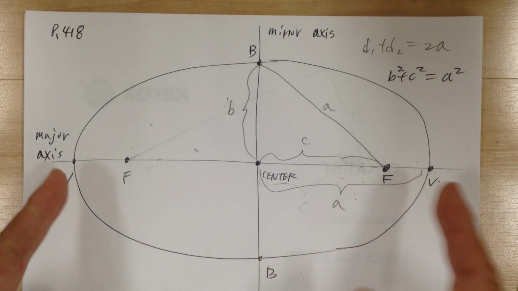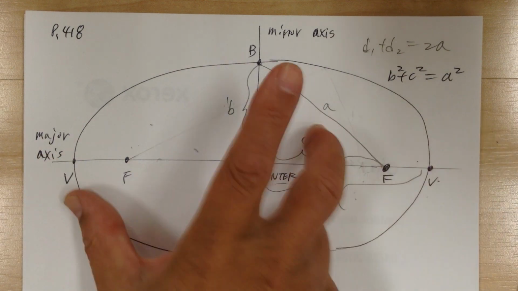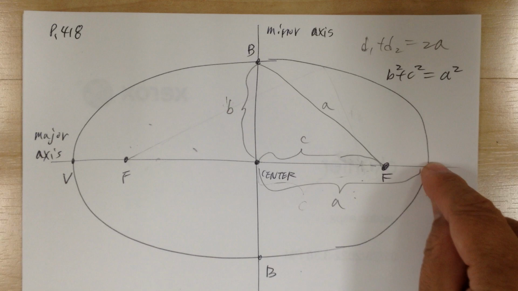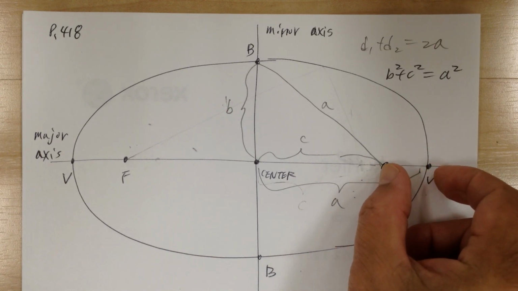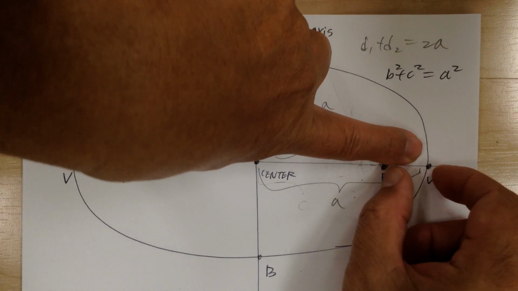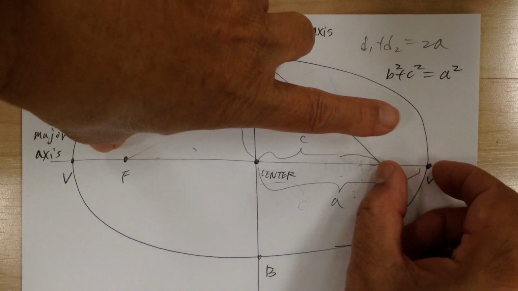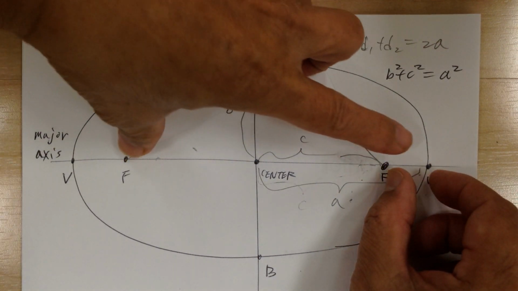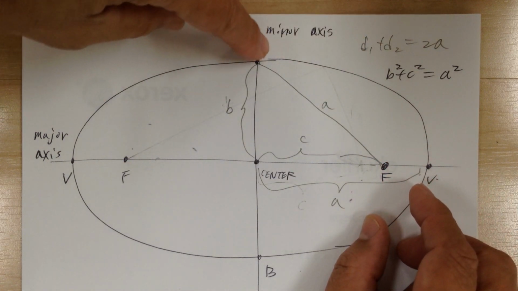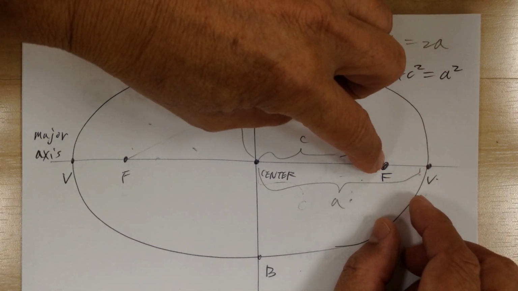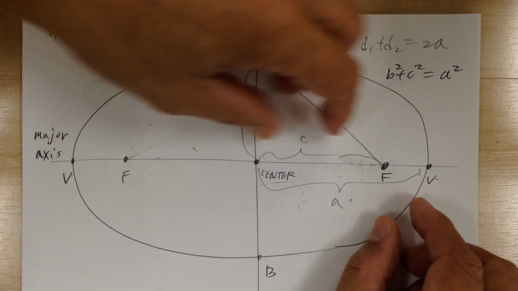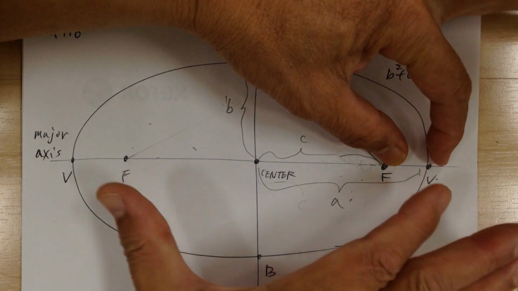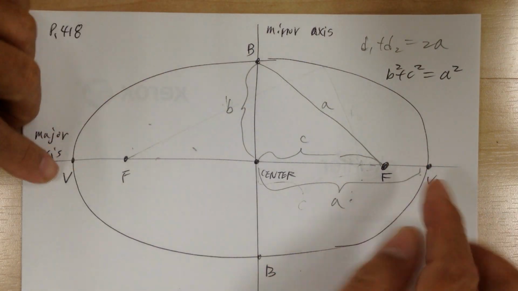And again, this is A, so this is 2A. If you move the point over here, you're going to get this part and this part. This plus that, if you move this over, becomes 2A.